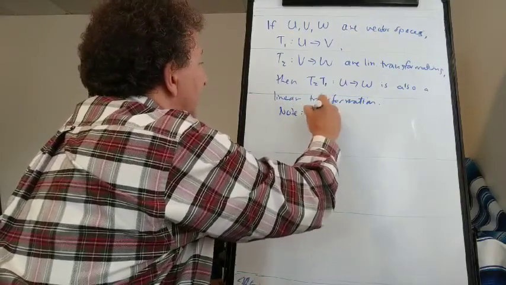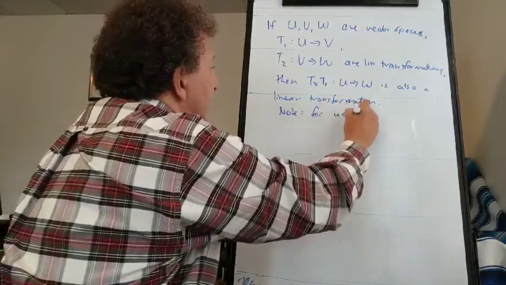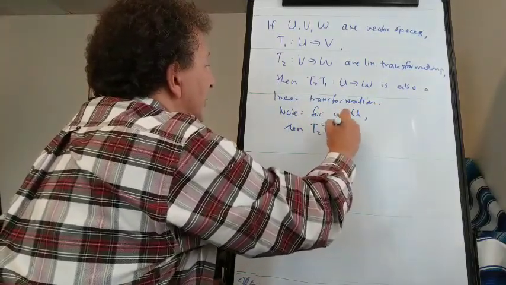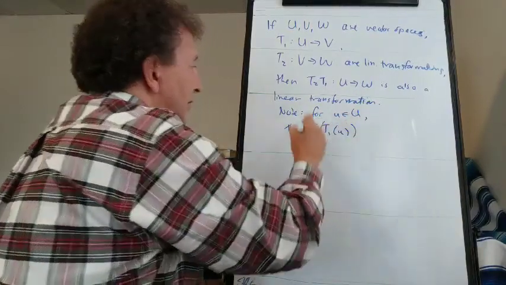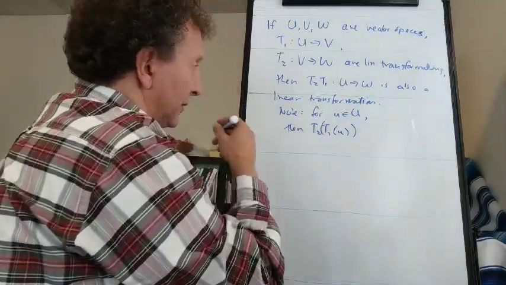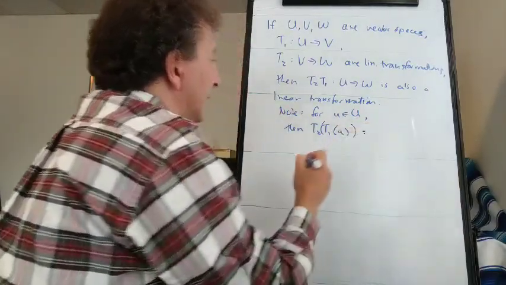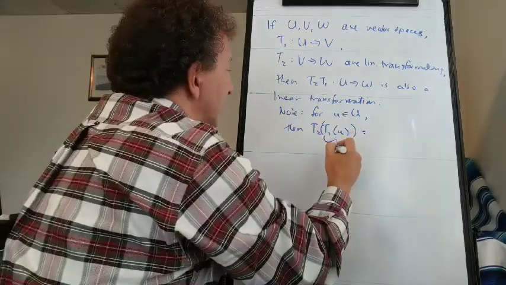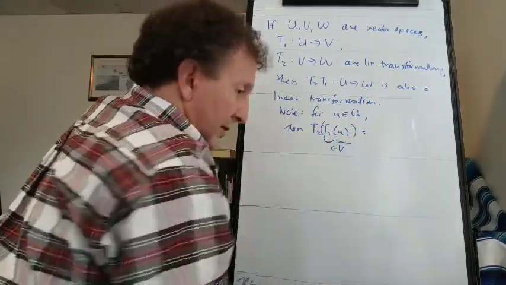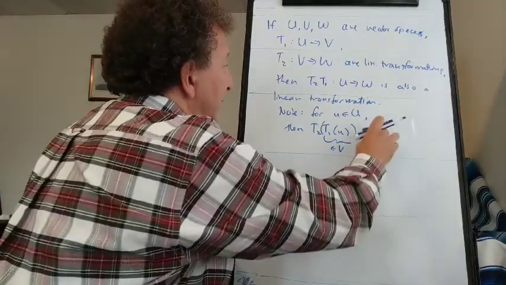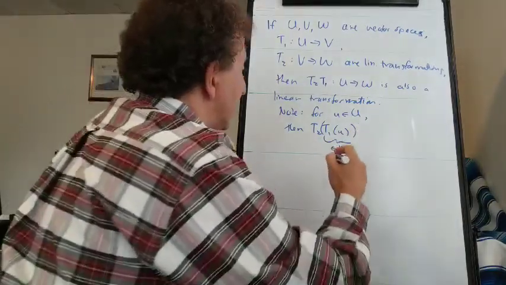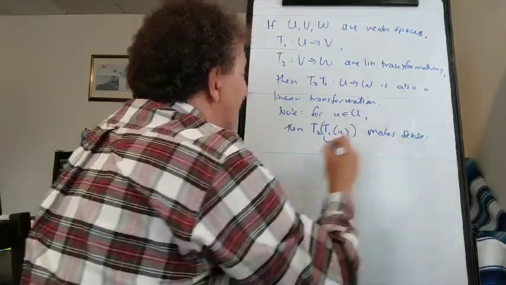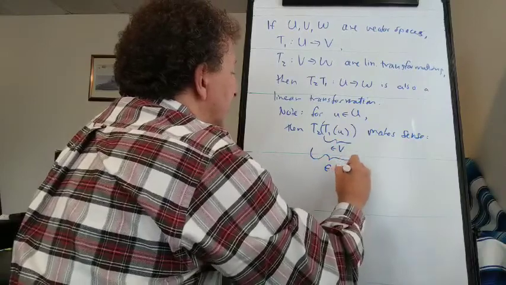So note that if we have some vector little u in the vector space big U, then T2 T1 of u, which is T2 of T1 of u, is, well, T1 of u is going to be something in V. So T2 of something in V ends up in W.